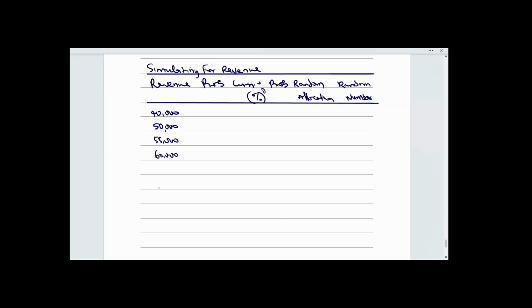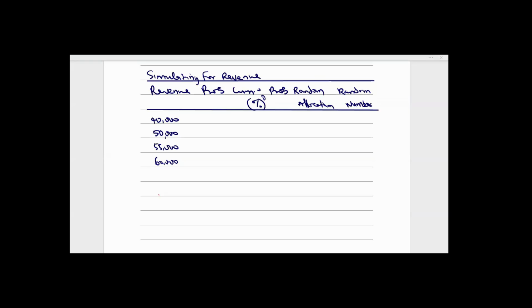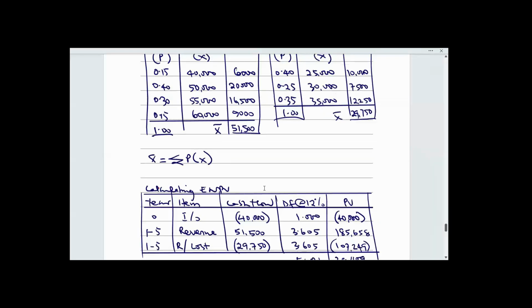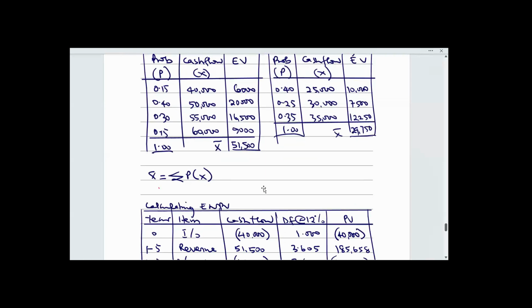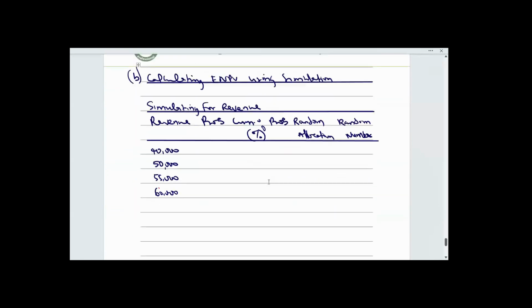We've calculated them before. The probabilities for revenue are 0.15, 0.40, 0.30, 0.15.